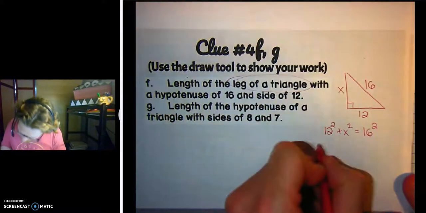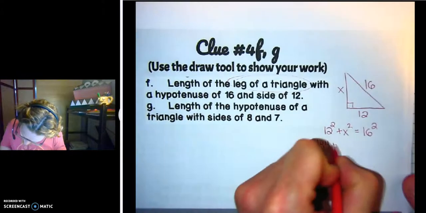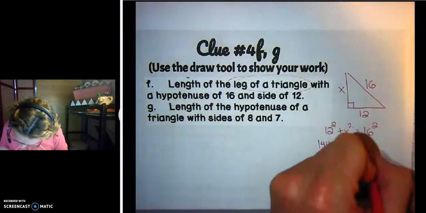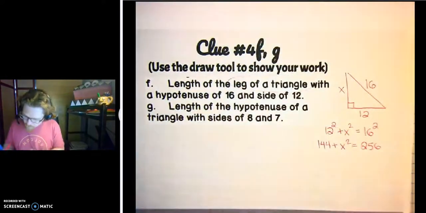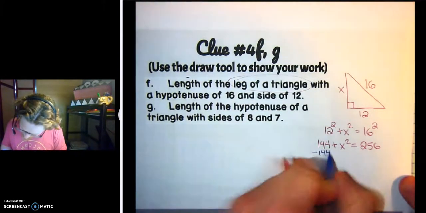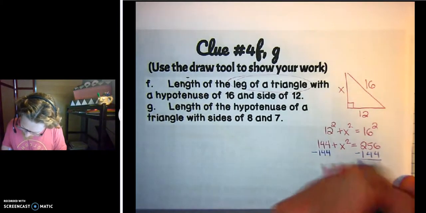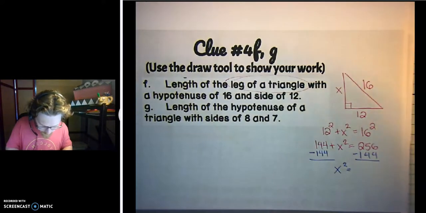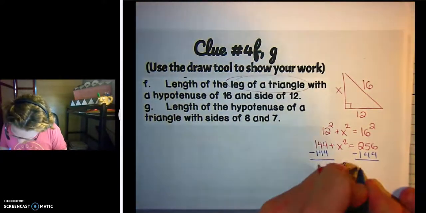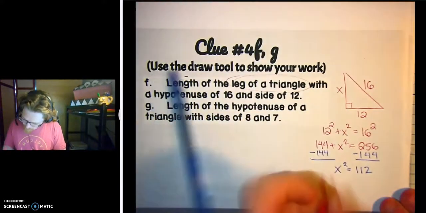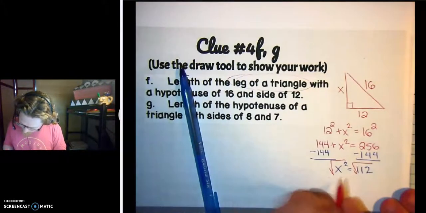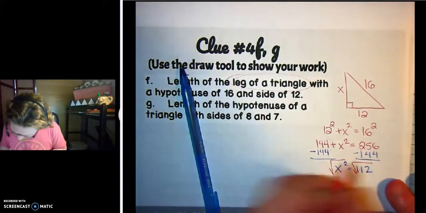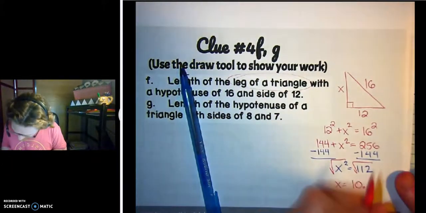Go through the math. 12 squared is 144. 16 squared is 256. And we need to do some inverse operations. Subtract 144 on both sides. I get x squared. 256 minus 144 is 112. Take the square root of both of these, and I get x is equal to 10.58.